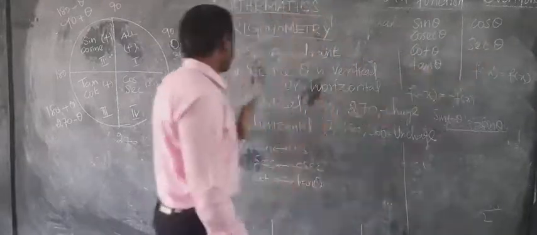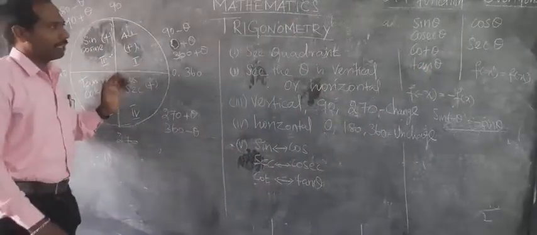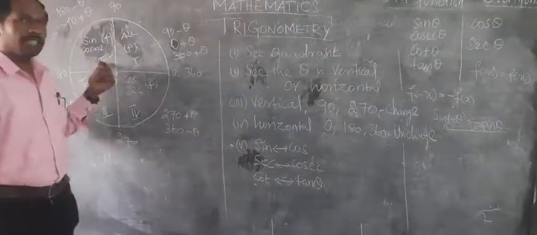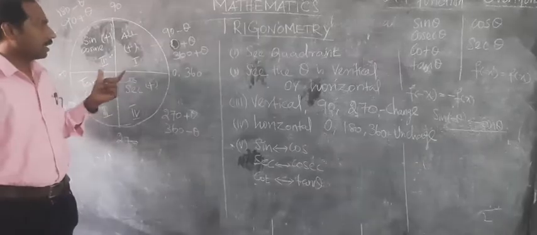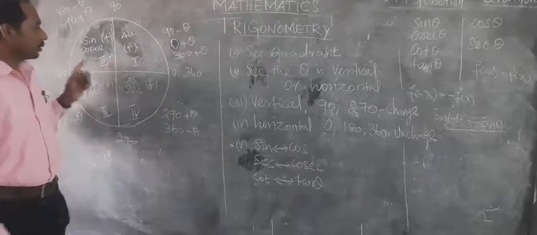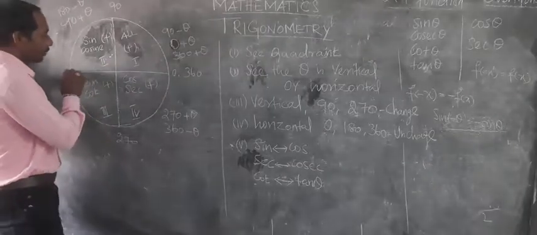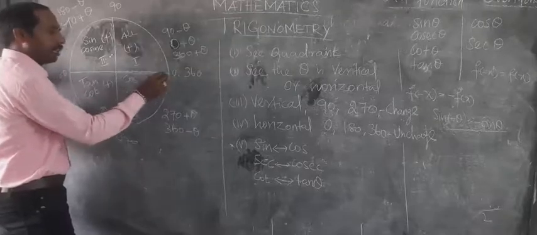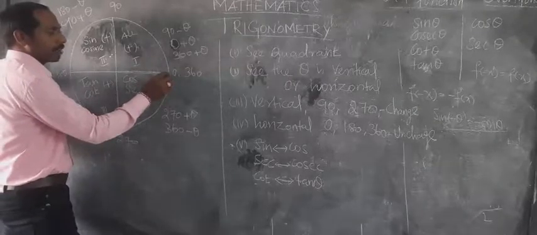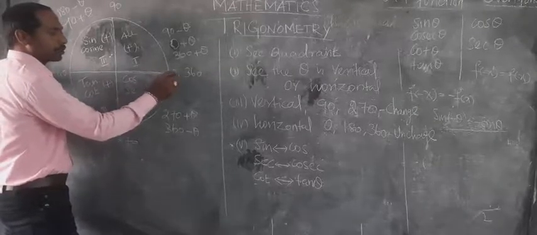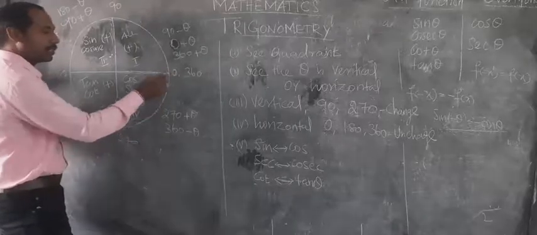Come to our diagram. Now I explain. Suppose you see a clock or protractor. If you keep the protractor on a particular line, any measurement starts from 0. So this value or degree means 0.